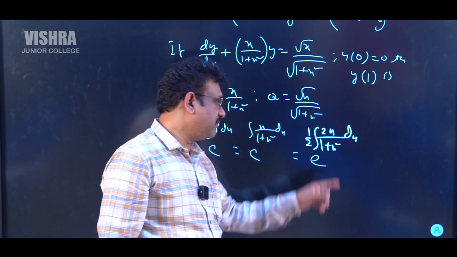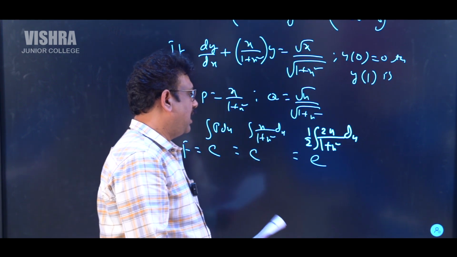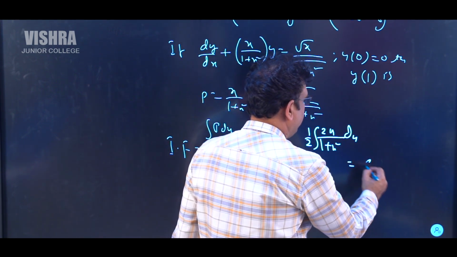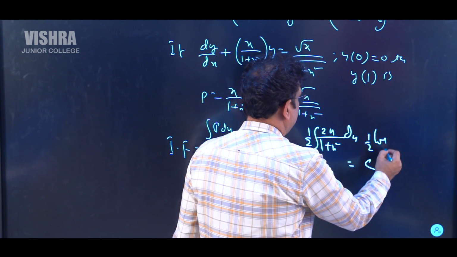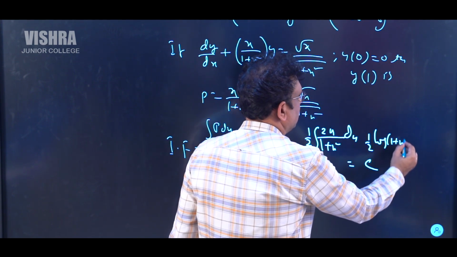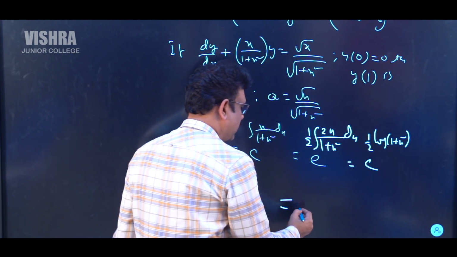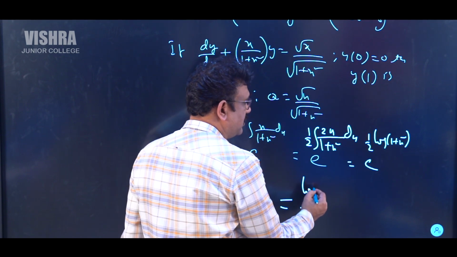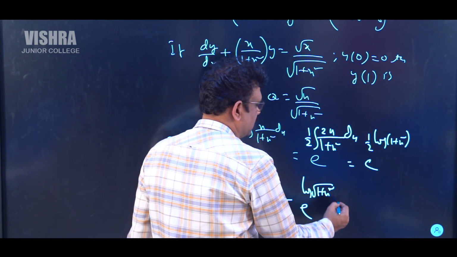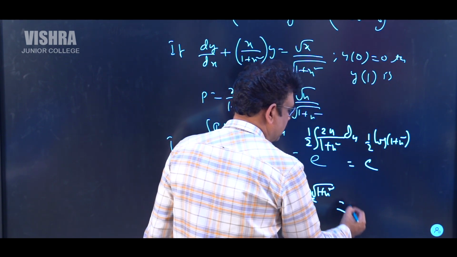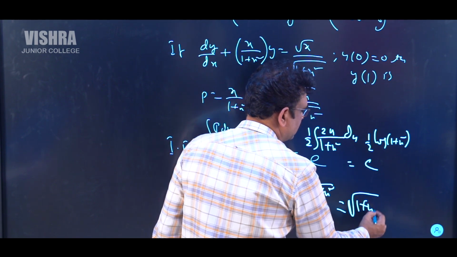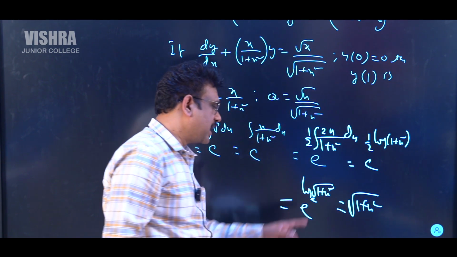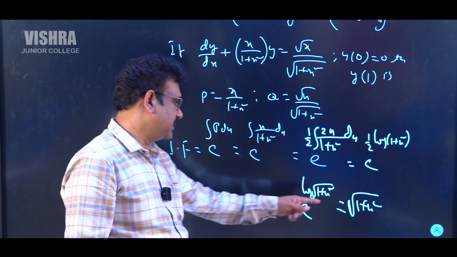So integral of f dash of x by f of x is equal to log f of x. So e power 1 by 2 log 1 plus x square, you can write this as log of square root of 1 plus x square. This is e power log m base e, which is equal to m, that is equal to square root of 1 plus x square.